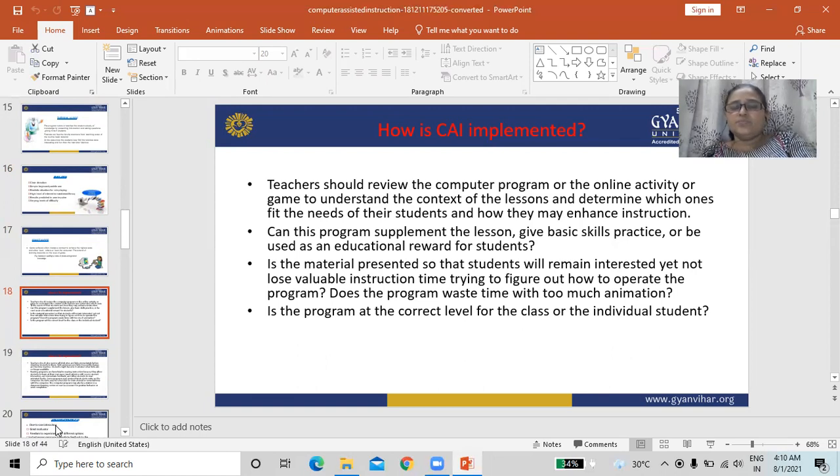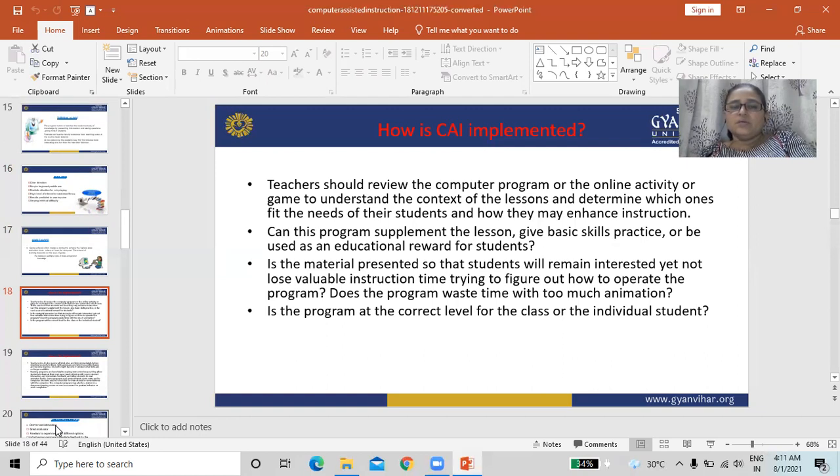Can this program supplement the lesson, give basic skill practice, or be used as an educational reward for students?